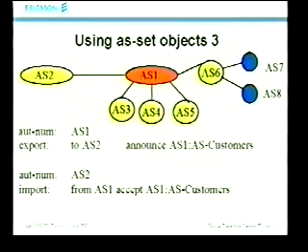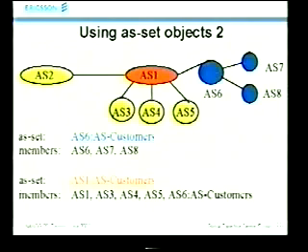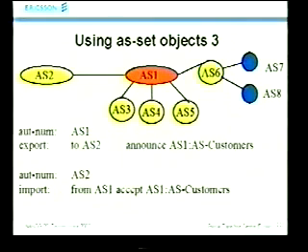Okay, using AS set objects, as I said before, here we have an AS set that is included in another AS set. And one of the things you can do with this is, for example, because you can use your AS set objects and Autonum objects, the Autonum object is something that's probably only modified by your key staff, your best staff.